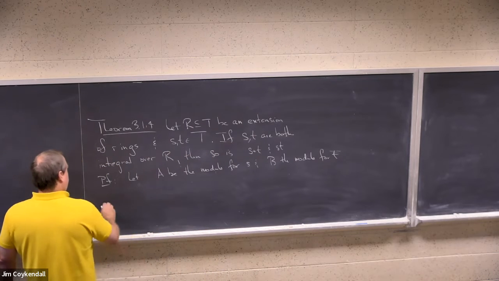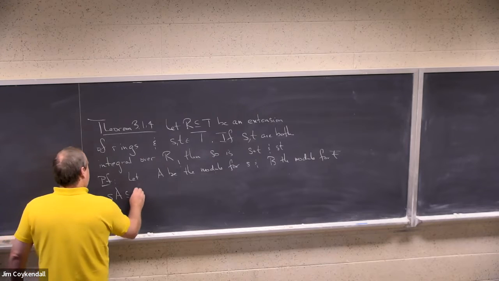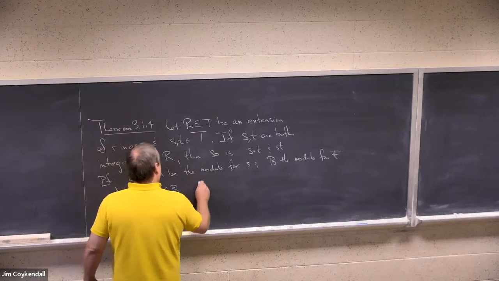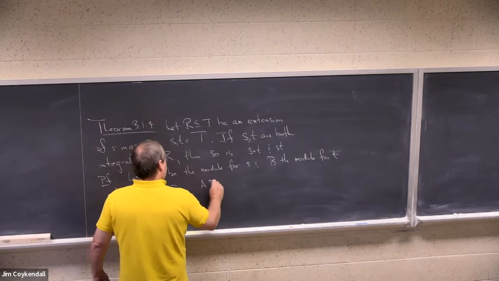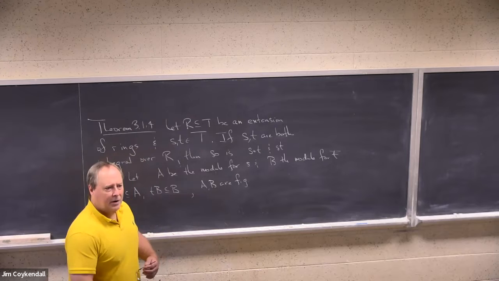That is to say, SA is in A and TB is in B, and A and B are finitely generated R submodules.